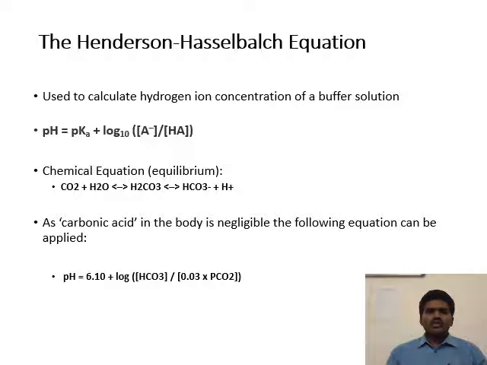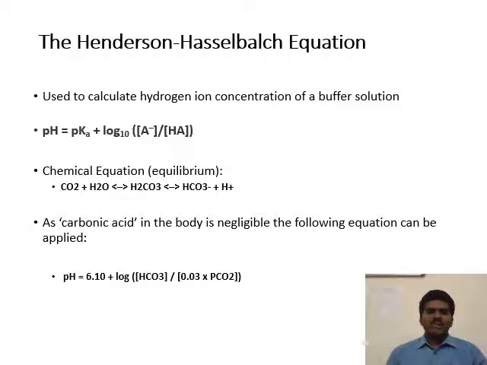One more most important concept in acid-base balance is the Henderson-Hasselbalch equation. It is used to calculate the hydrogen ion concentration of a buffer solution. The formula is given as pH equals pKa plus log of base by acid. The chemical equation at equilibrium in the human body, as I told earlier, is CO2 plus water in the presence of carbonic anhydrase enzyme combining to form carbonic acid.